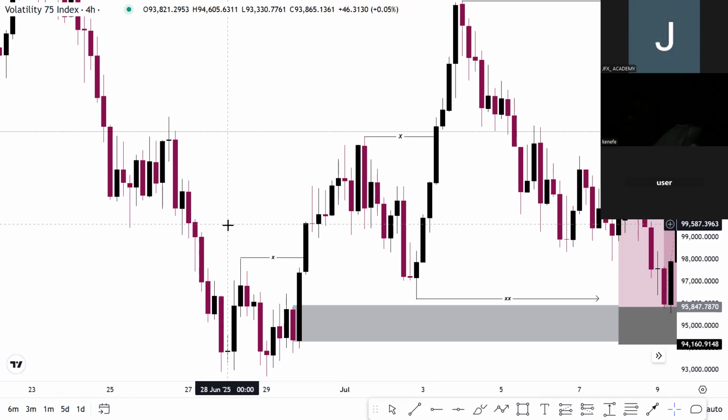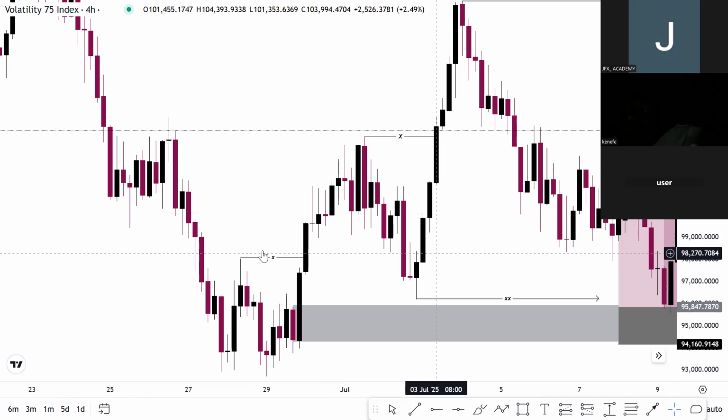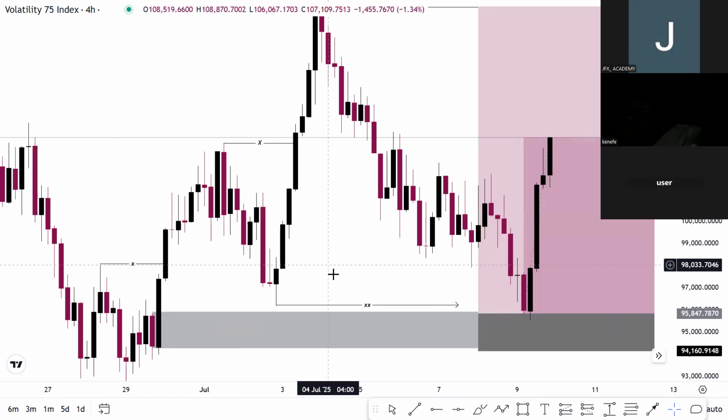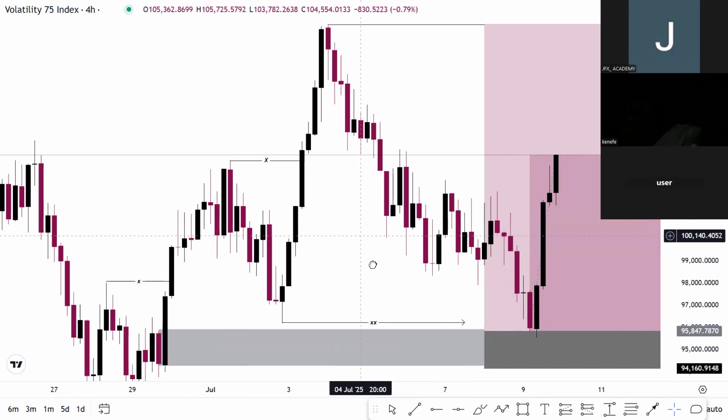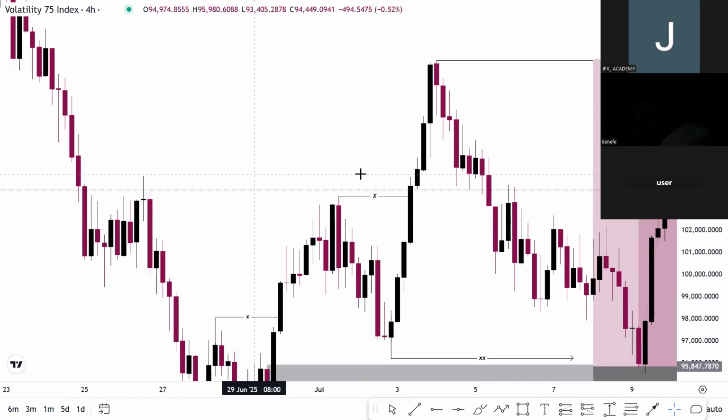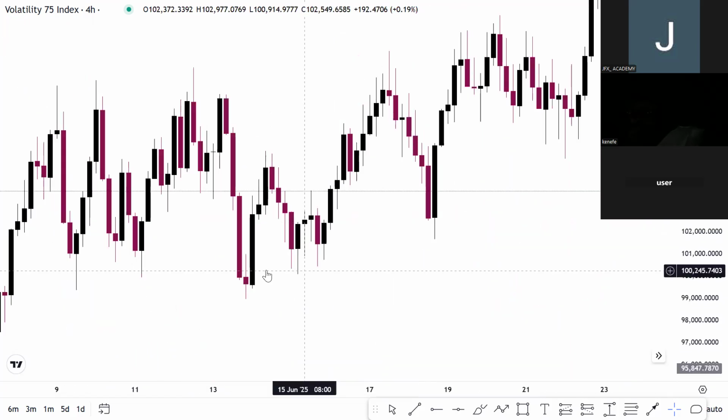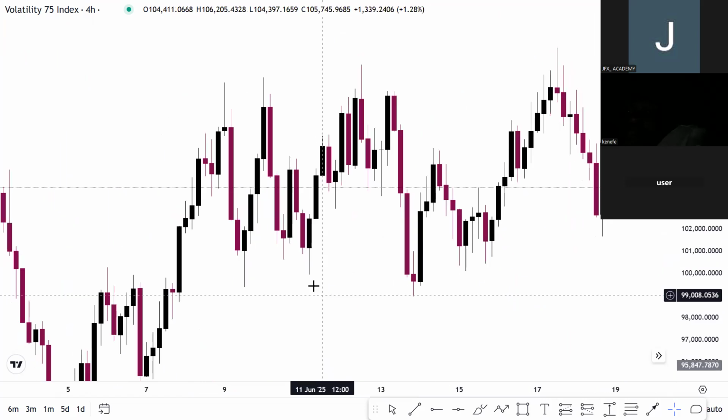For those kinds of candlesticks, you mark the whole candlestick, including the wick. I'm actually looking for that kind of candlestick here. I'm not seeing it.